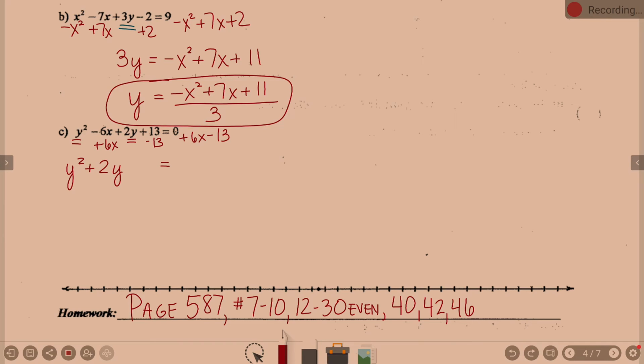And I'm going to have equals 6x minus 13. You remember how to complete the square? B over 2, quantity squared. What is B? B is 2. So you're going to be doing 2 over 2 quantity squared, which is going to be 1.